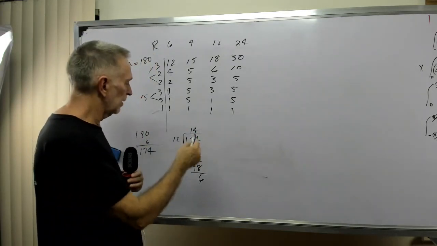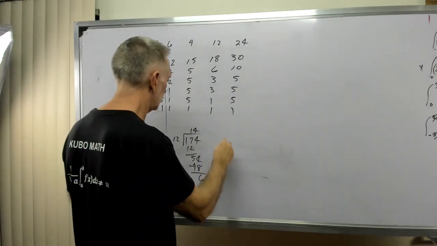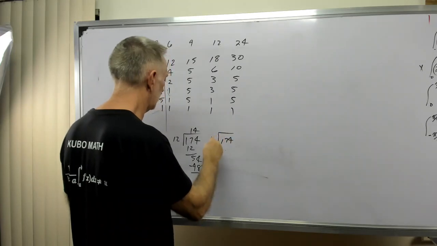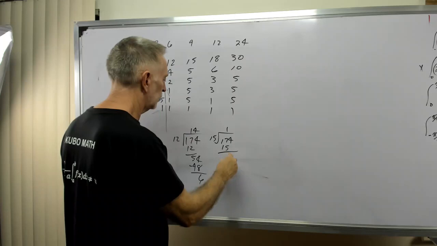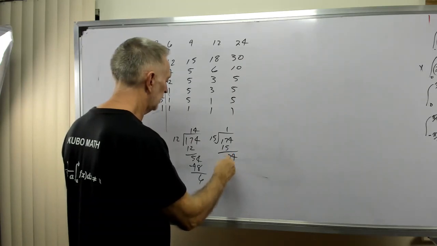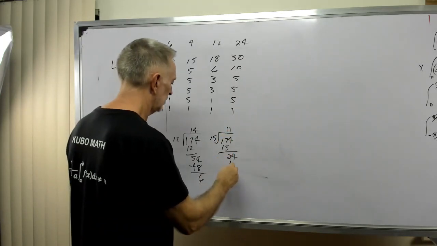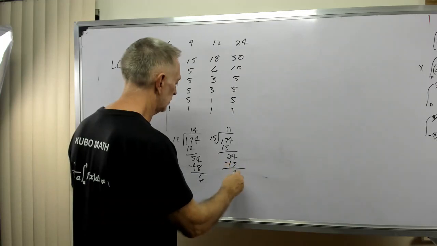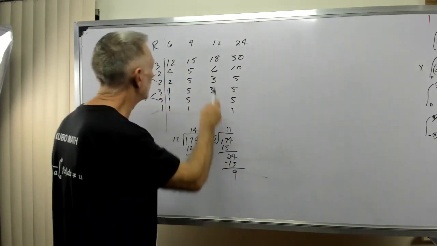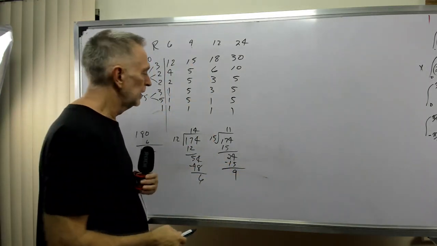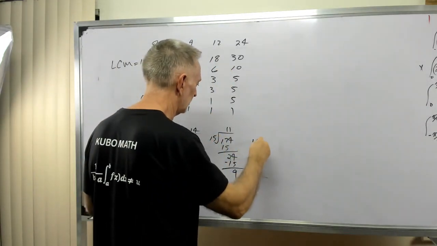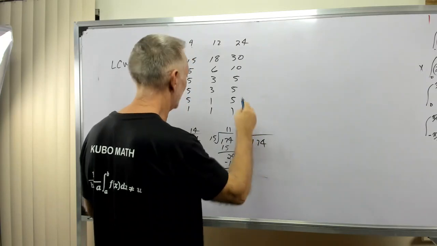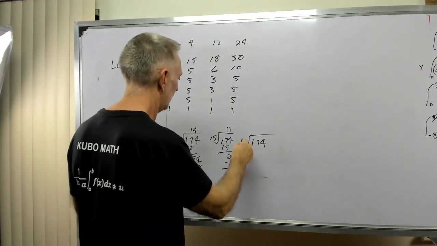Now hopefully when I do 174 divided by 15, 1 is 15, gives me 24, and then 1 time again, so that's 15. So guess what? That's 9. That's what I wanted. Let's just keep going. 174 divided by 18.